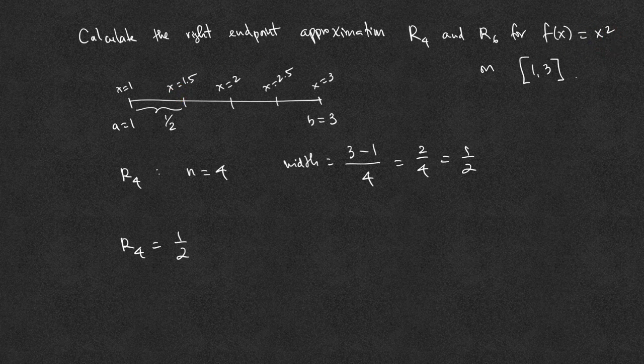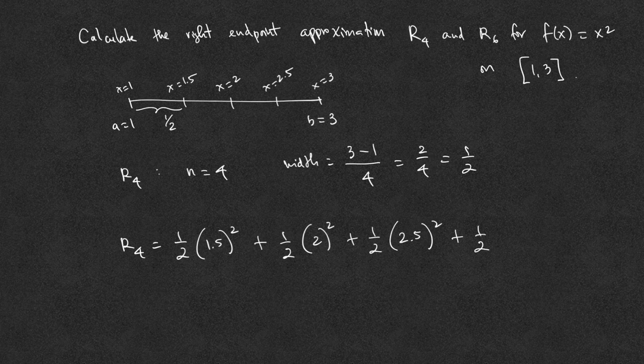The height in this case is therefore 1.5 squared. And then we move on to the next rectangle with the width of 1/2. The height is now 2 squared. The next rectangle has the width of 1/2 and the height is 2.5 squared. And the last rectangle has the width of 1/2 and the height of 3 squared.